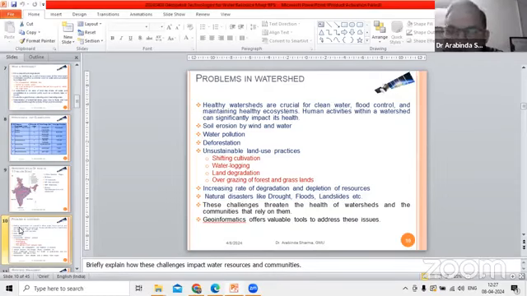Sometimes we are domesticating different types of animals like goats, sheep, cows for animal husbandry, dairy purpose and so on. So overgrazing: because we don't have our own pasture land, we depend on community level pasture land or some forested area or land very close to the forested land.